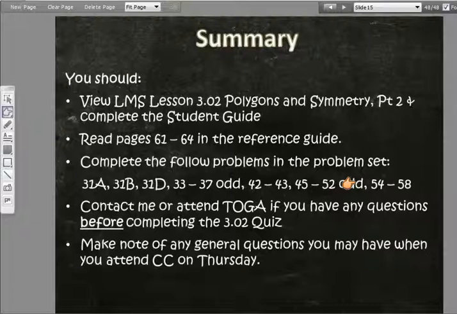And last time I didn't know if it was the correct problems, but I know these are, because I remember copying and pasting that information in. Please, when you get finished doing those problem sets and going through the lessons, contact me or attend TOGA if you have any questions about the concepts before you try to complete the quiz, because we want you to make good grades on the quizzes since there are no retakes or corrections on the quizzes.